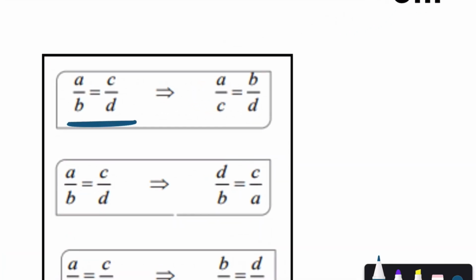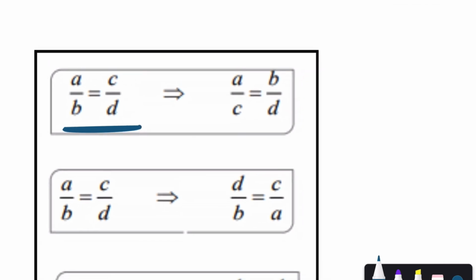A divided by B equaled to C divided by D, which is A divided by C equal to B divided by D. Have you noticed the change? Is there something that has been changed? Yes, okay? The placement of the means are changed, right? They're replaced with each other.